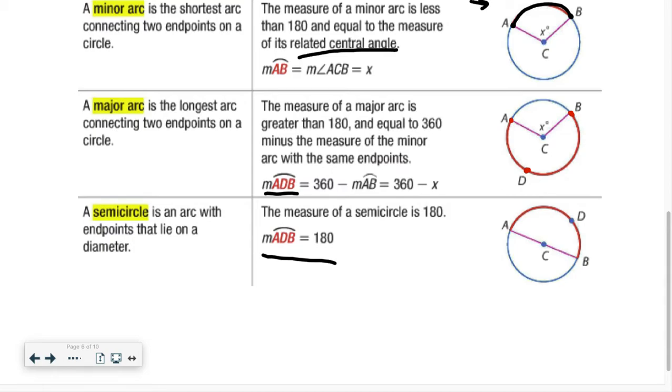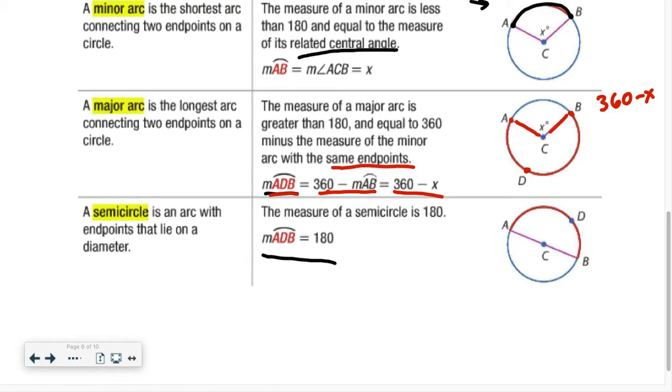And the measure of the major arc is greater than 180 and equal to 360 minus the measure of the minor arc with the same endpoints. So we would take whatever angle ACB is here, whatever this angle is, we go 360 minus x. And that's the measure of ADB, 360 minus x.